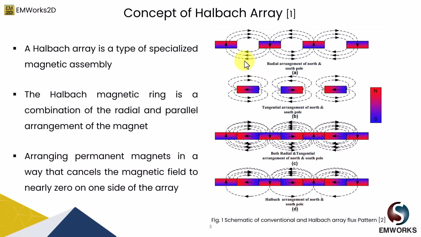But as you can see here, the direction of the magnetic flux for radial is opposite compared to the tangential arrangement, and hence the resultant would be something like this, which is shown in figure D.